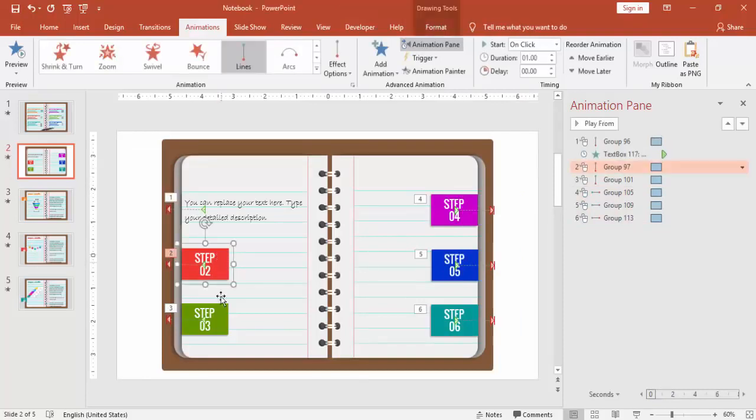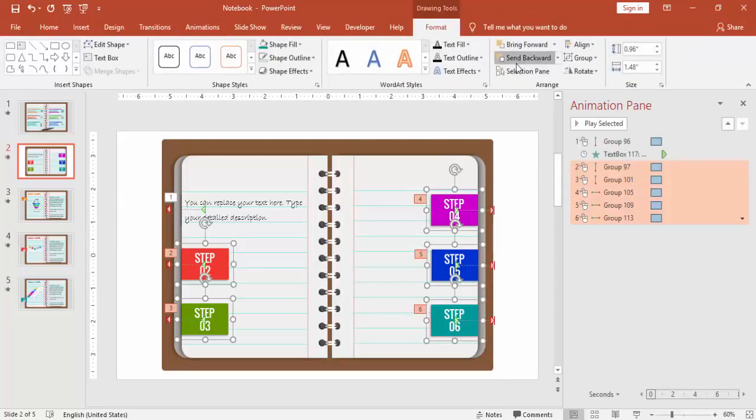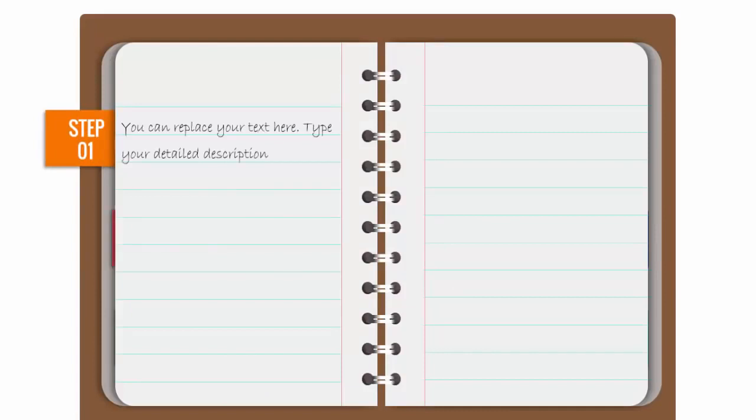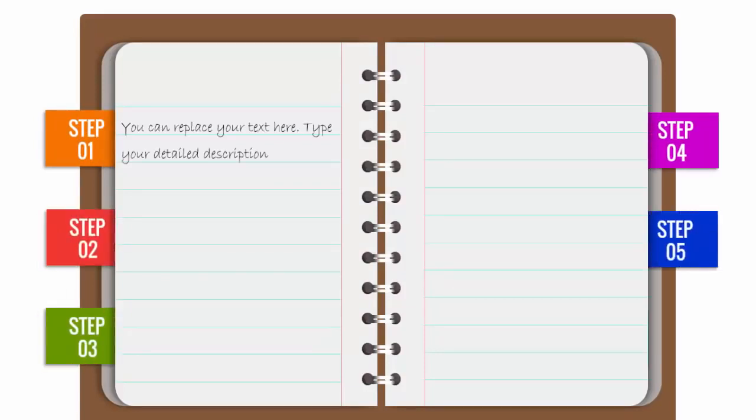Now I'm going to select these steps and going to send back behind the page. So if you see a step 1 will come the text, then the step 2, 3, 4, 5 and 6.